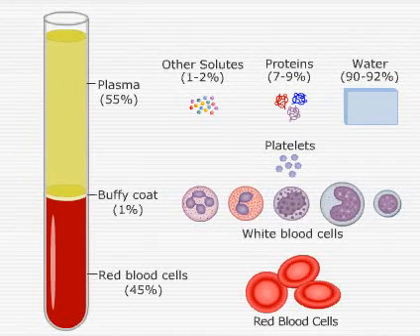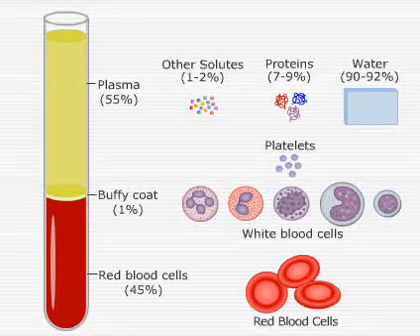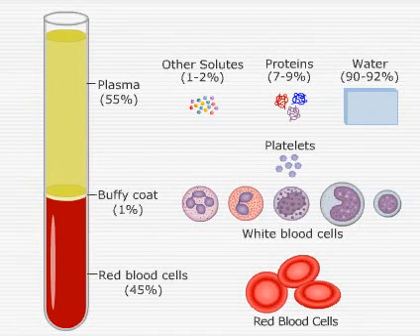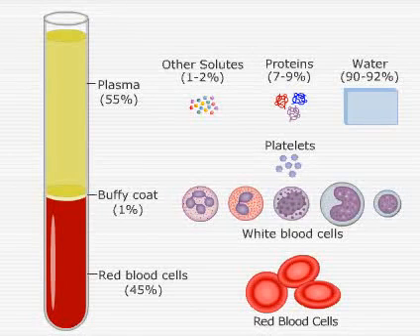Most of the dissolved solutes are proteins in nature. The remaining solutes are a mixture of nutrients, electrolytes, nitrogenous wastes, respiratory gases, and other regulatory components, all present in very minute quantities in the plasma.